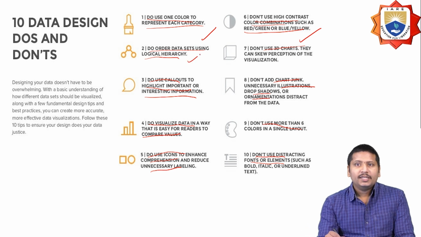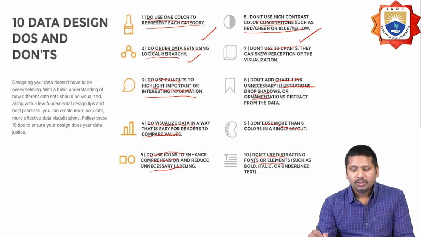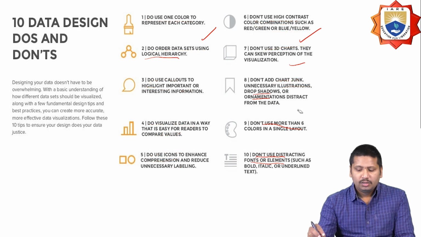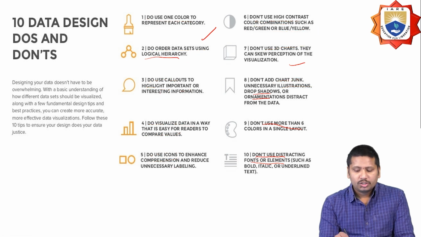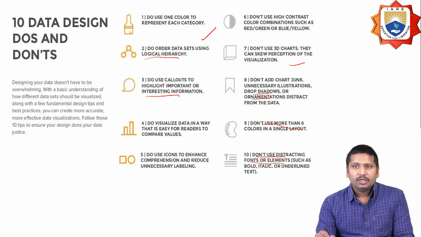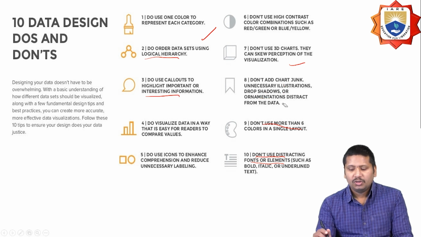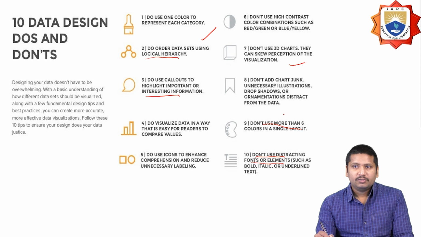Do order the data sets using a logical hierarchy, but don't use 3D charts, because they give a skewed perception of the visualization. Next, do use callouts to highlight interesting information, but don't use chart junk, unnecessary illustrations, drop shadows, or ornamentation on the data.